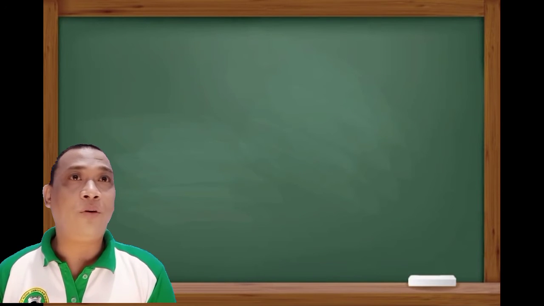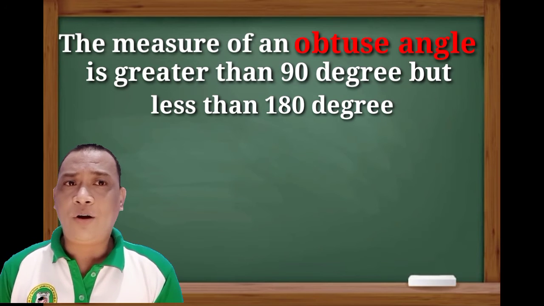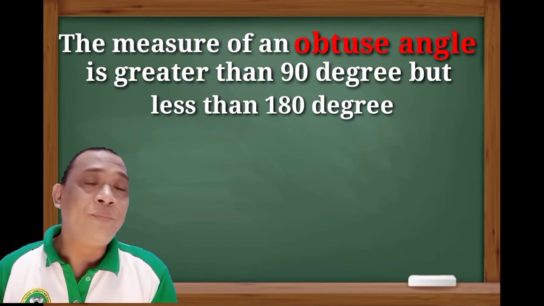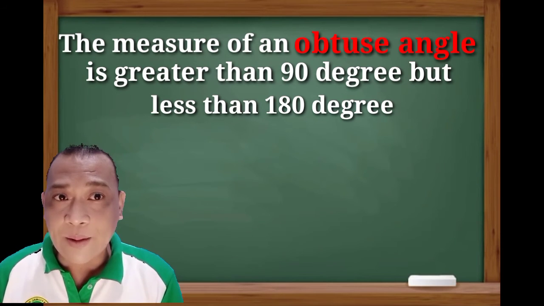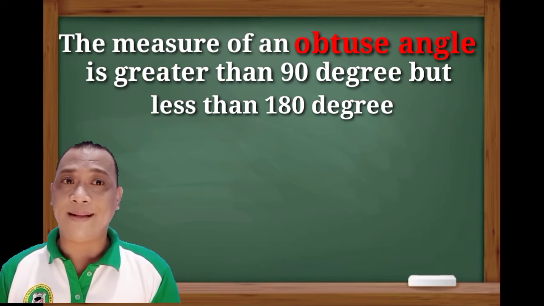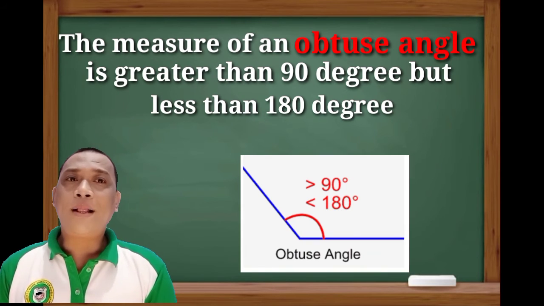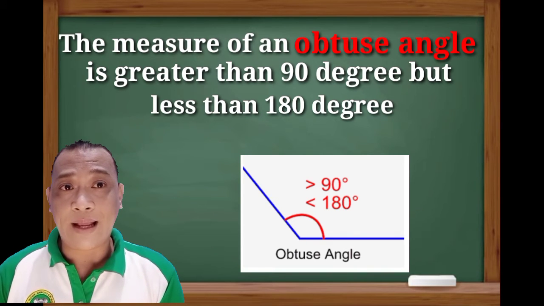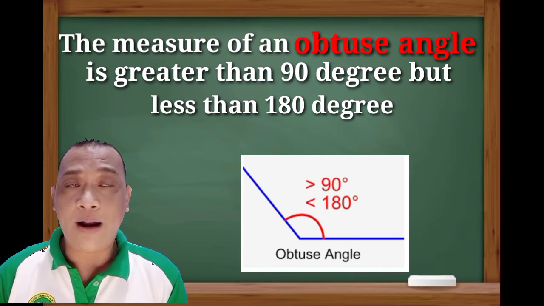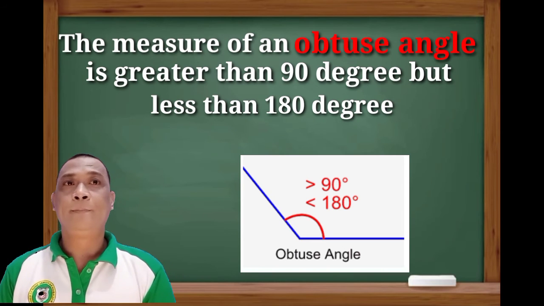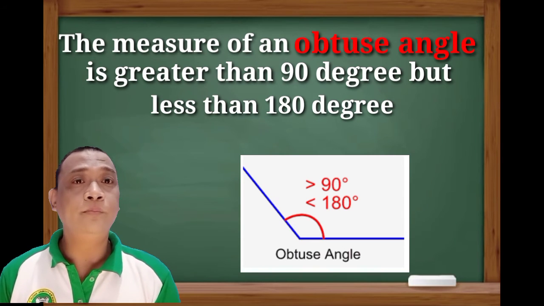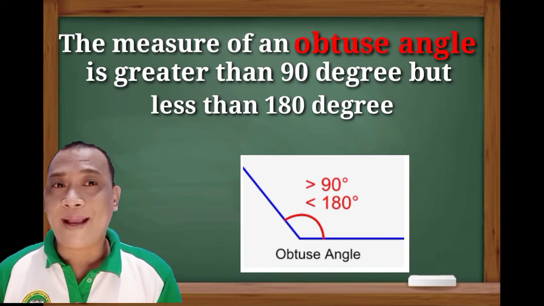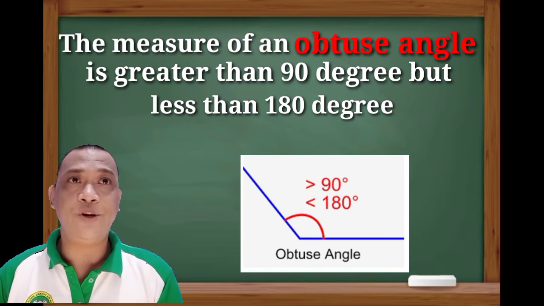For number 4, the measure of the obtuse angle is greater than 90 but less than 180 degrees. What does obtuse angle stand for? Is that a subject or a predicate? Correct. That is a subject.